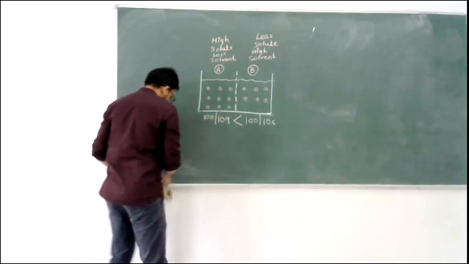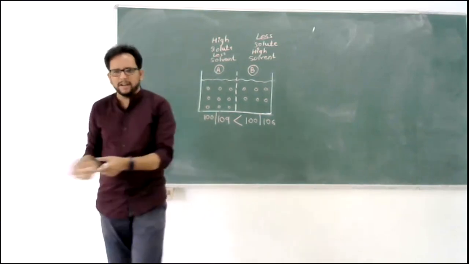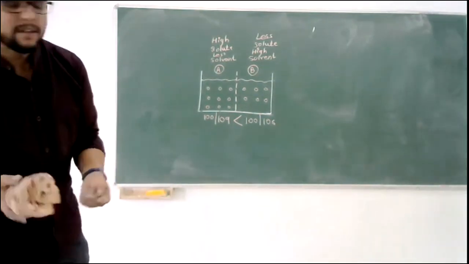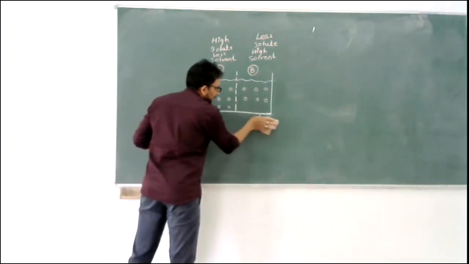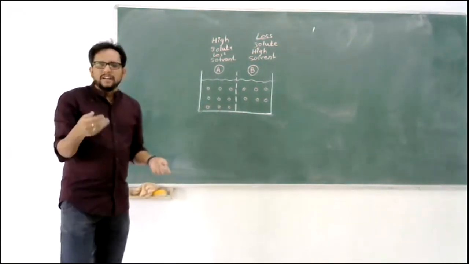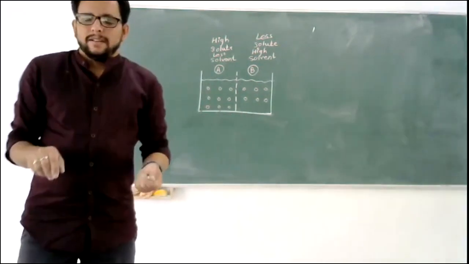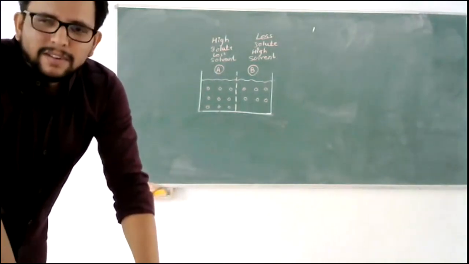In other words, is that clear? I guess it was Meher, right? Yes, sir. Is it clear or still not clear? So 109 is basically the total number of molecules present in the liquid. Numbers are just given to you for reference.